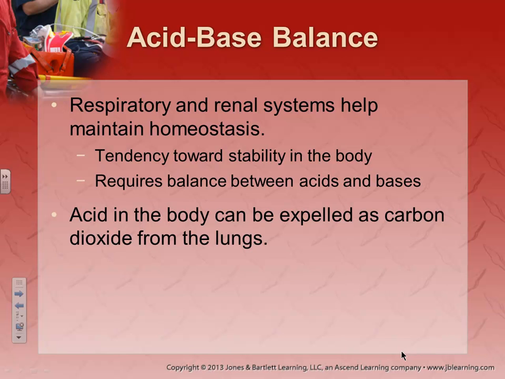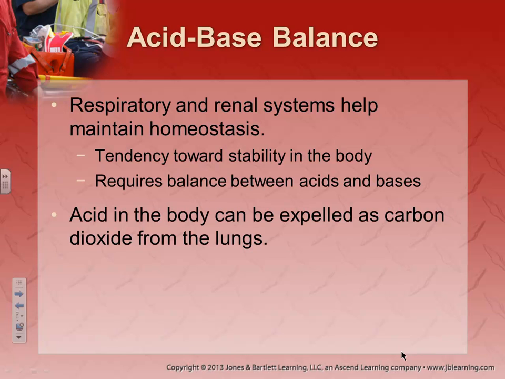Somebody tell me one way that the respiratory system affects acid-base balance. Yeah, blowing off CO2, right? What's one way the renal system maintains acid-base balance? Okay, how does it affect the pH level?